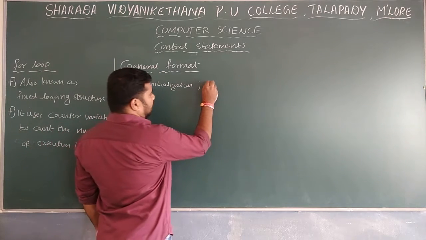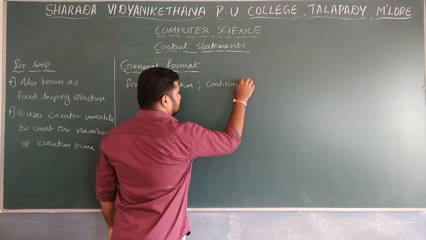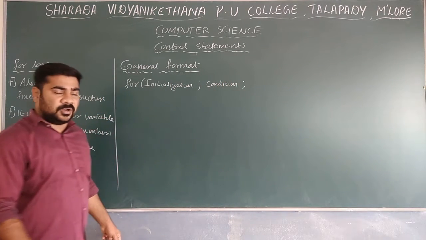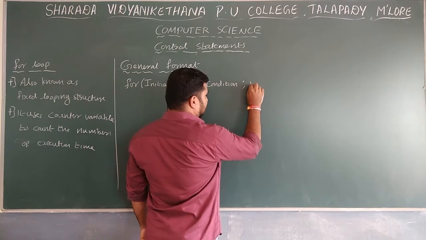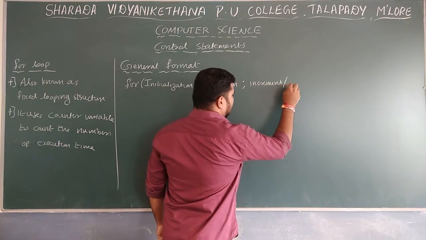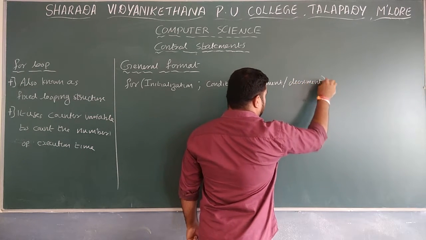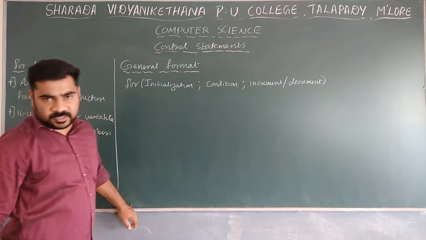Next part is the condition, again a semicolon. Next I write here increment or decrement. Important part is this increment or decrement.